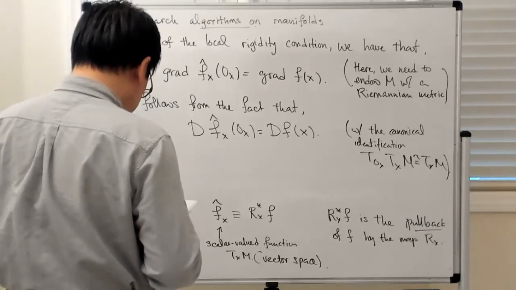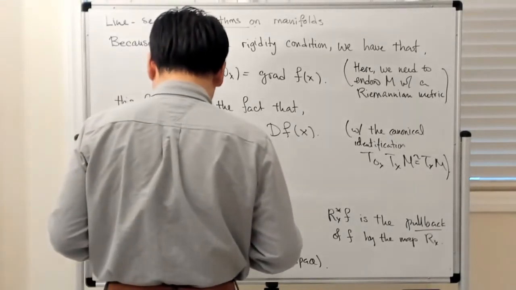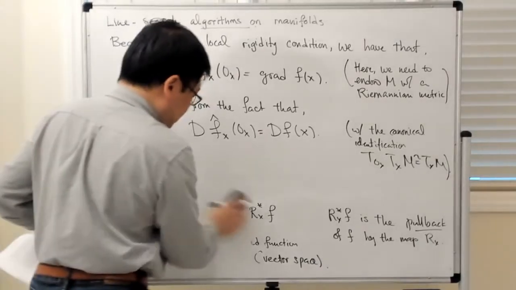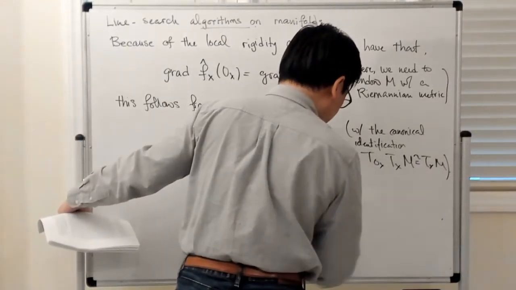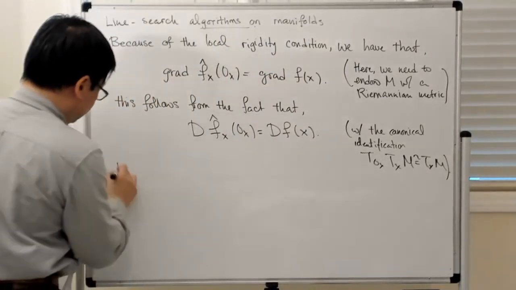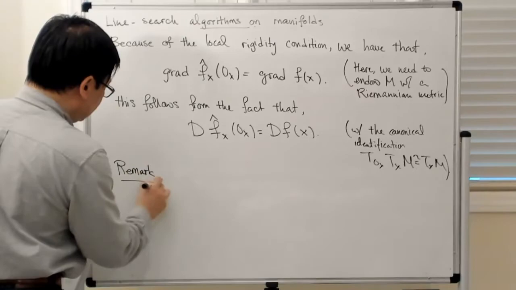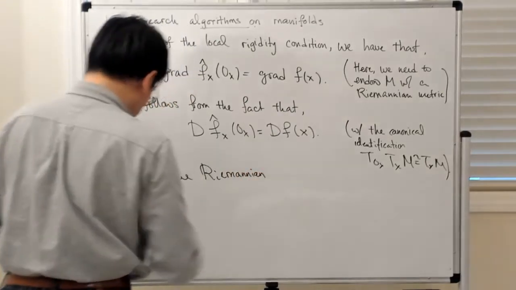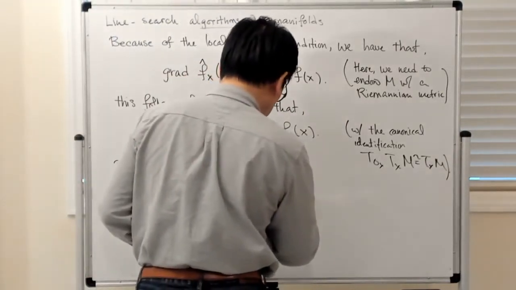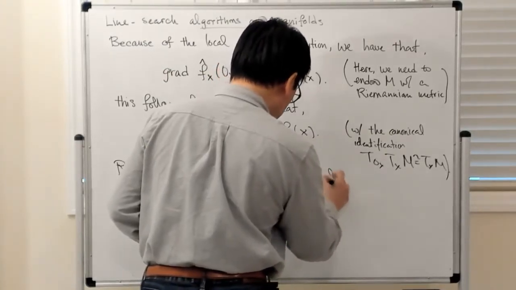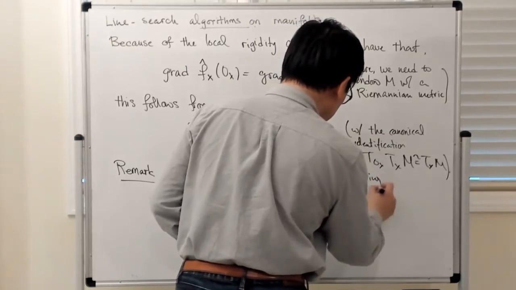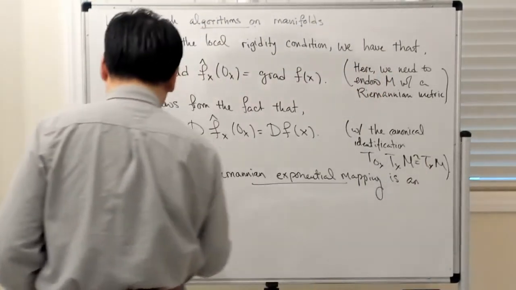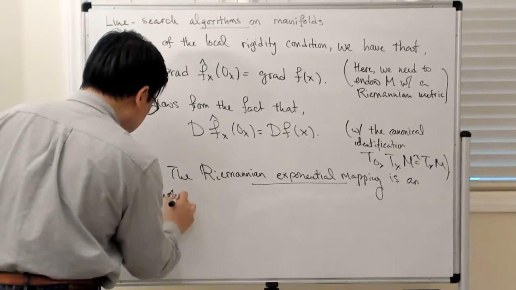So let me make a remark. You can ask whether or not retractions always exist, and on a Riemannian manifold they always do, because the remark is that what is called the Riemannian exponential mapping is an example of a retraction.